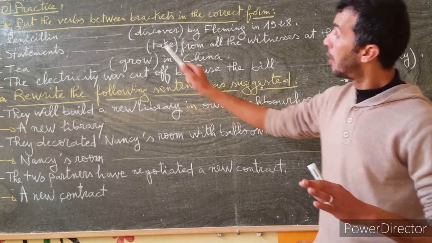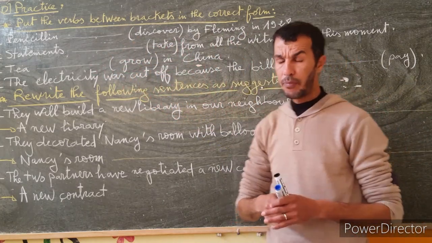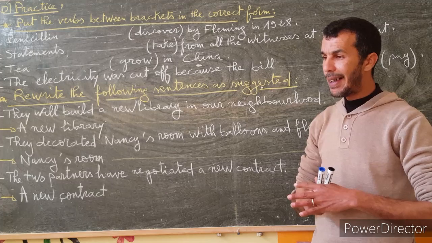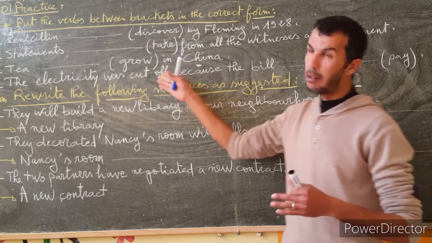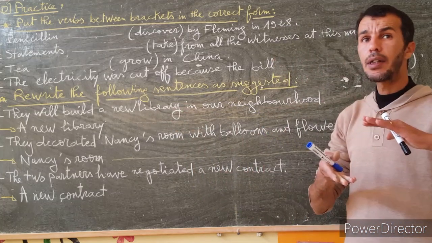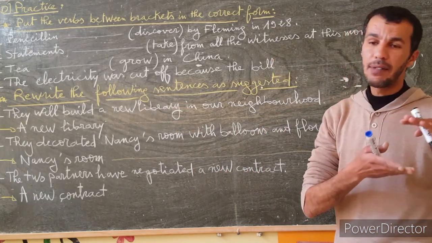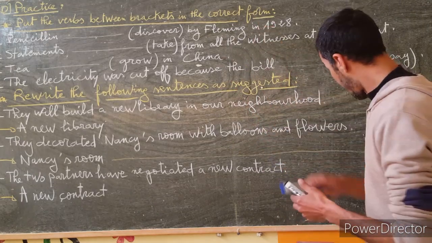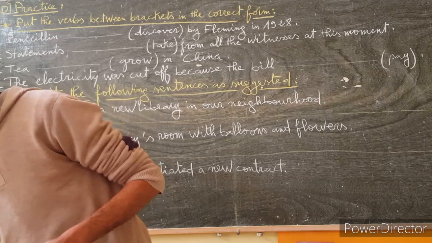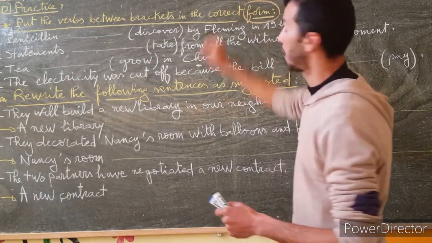So, pay attention. It's put the verbs between brackets in the correct form, which means it's not like the exercise where you have one example in the part of conjugating verbs in the correct tense. But here, what is important, we don't have tense. You have form. And this is very important.